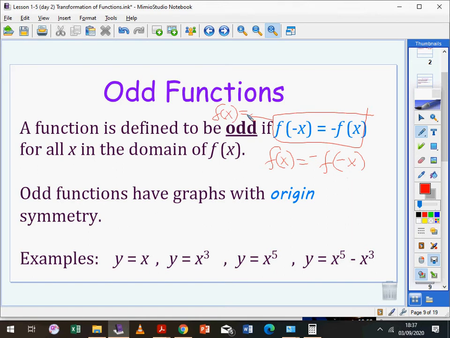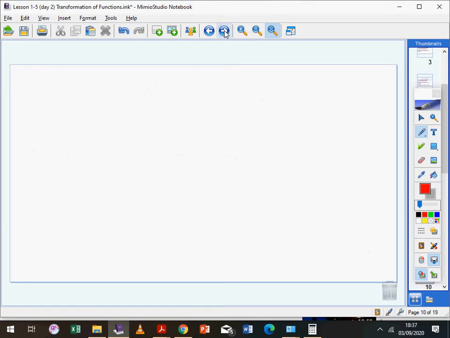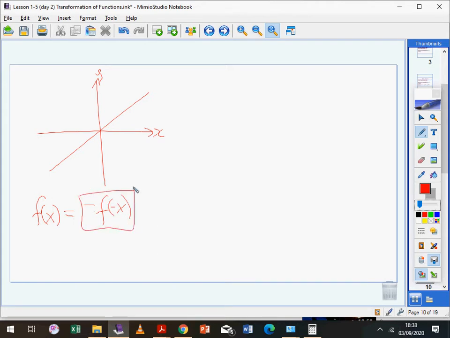So let me show you what that looks like for an example like this one. If I have y is equal to x, this is the y-axis, this is the x-axis. We're saying that the function is odd if the initial output value of the function is the same after doing these two transformations on that graph.